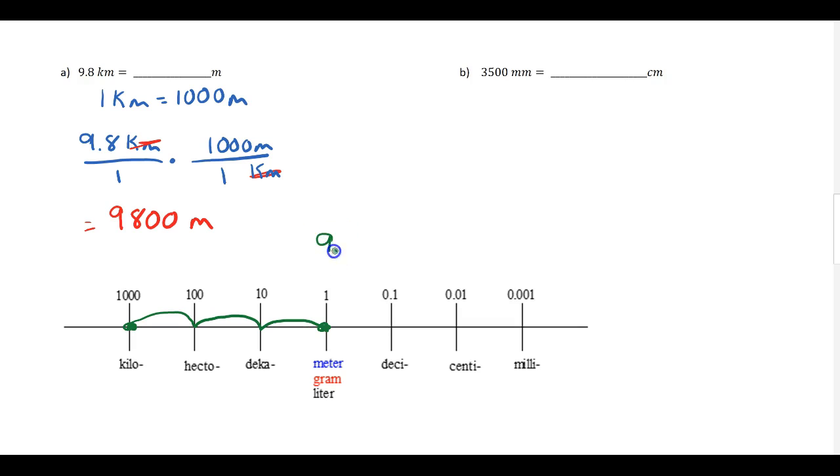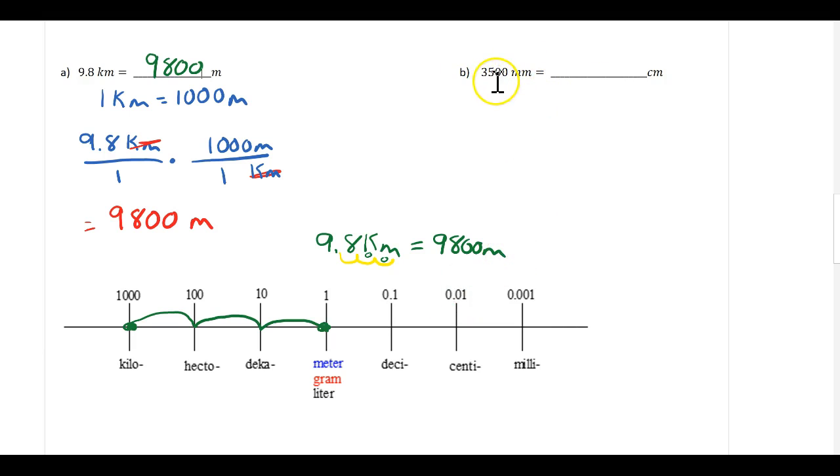So if I start out with 9.8 kilometers, I'm going to move the decimal place 1, 2, 3 places to the right. And I fill in with zeros, so that's 9,800 meters. Notice I get the exact same thing whether I do the conversion factors up here or if I use the chart here. It does not matter which one you do, okay?